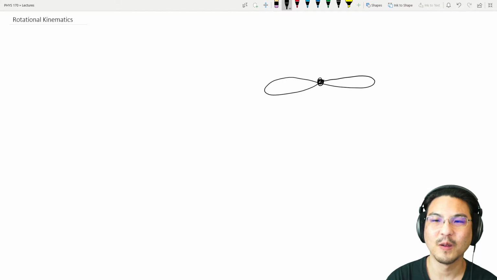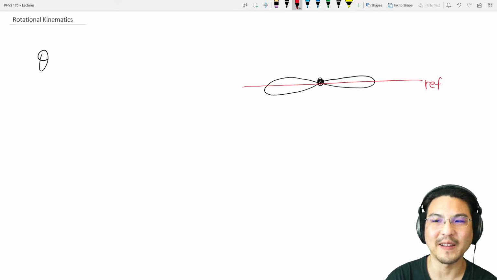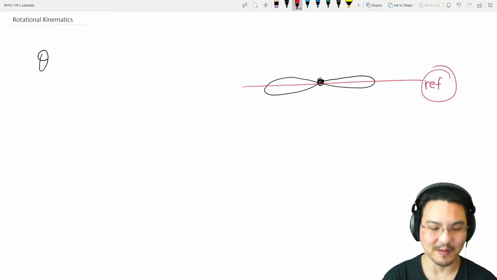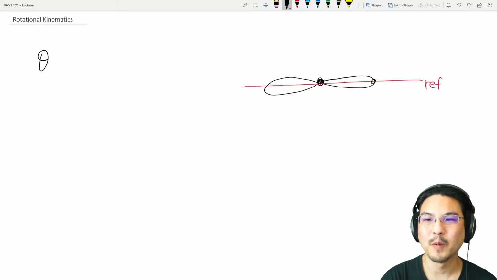Okay. We define some kind of angular position as, let's say, some angle theta, but it depends on some reference line. So say the reference line looks like this, and I want to know the angular position of this point of the turbine blade. So for example, 0.